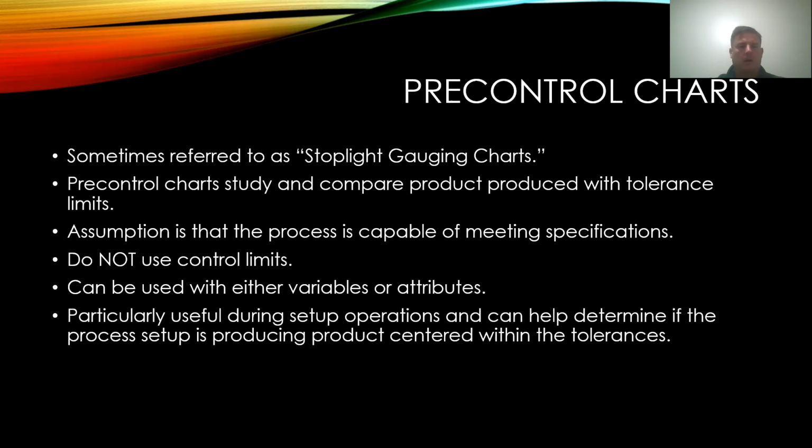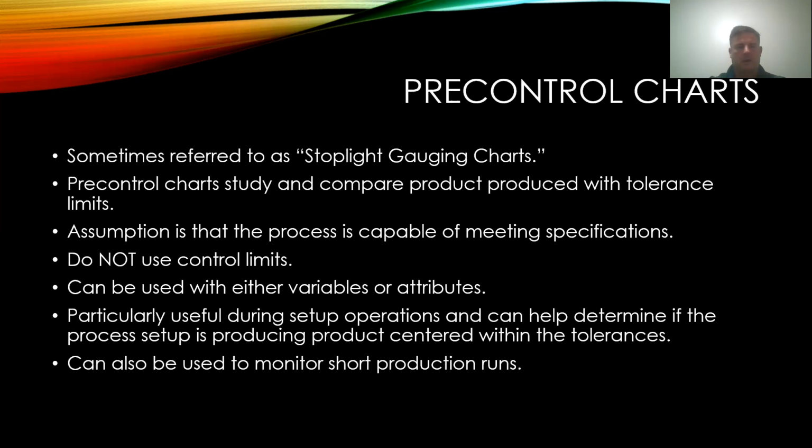So you have the process set up producing product centered within the tolerances themselves. It can also be used to monitor short production runs, but most of it is just figuring out how we're sitting right now. Like most of these, it cannot calculate the process capability itself.